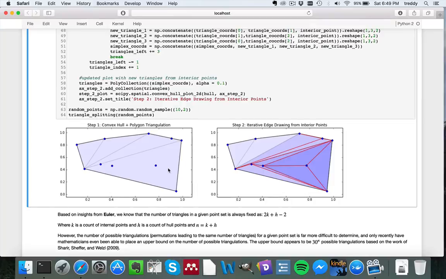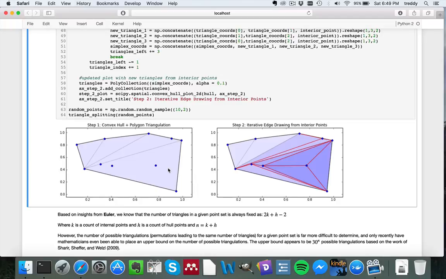So you can imagine that for a much larger number of generators, for 100 points or 1,000 points, we'd want a very well-refined algorithm with a practical time complexity to do these triangles. Otherwise, it would take quite a long time.